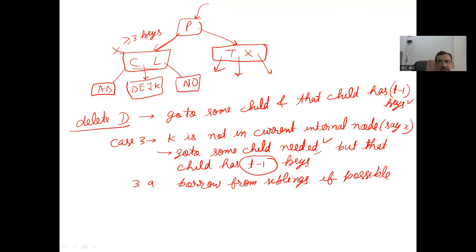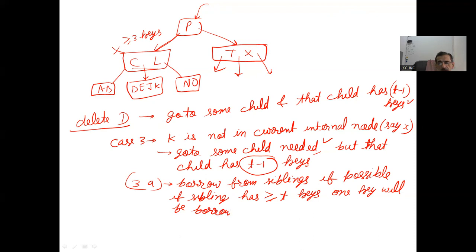So case 3a: if a sibling has at least T keys, greater than or equal to T keys, 1 key will be borrowed from the sibling and come towards this node. But of course, the borrow will happen via the parent, via X. X is my current node, or the parent.